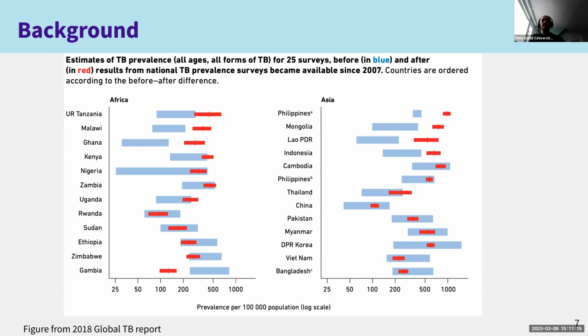Obviously, in some countries, the estimates before the prevalence survey were quite well aligned with what was measured and what was estimated afterwards. And in other countries, it made quite a big difference. In general, the other thing, of course, in these countries is that as prevalence survey data became available, the uncertainty in those estimates reduced. So the newer estimates here are in red.